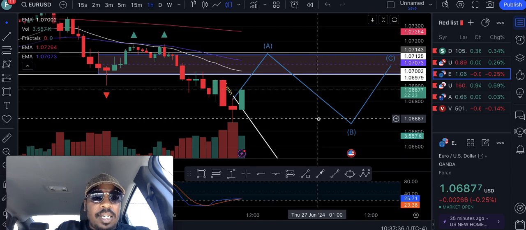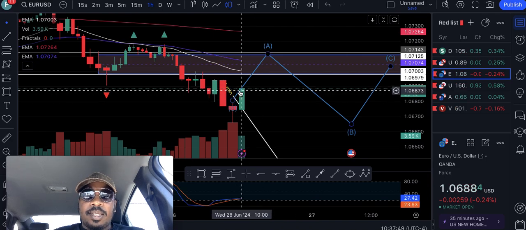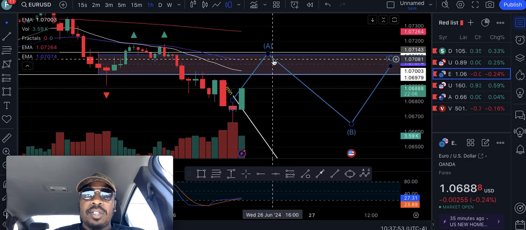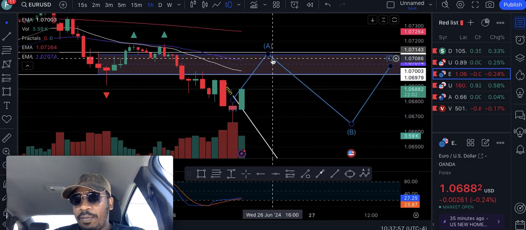So the dollar is dropping, and when the dollar is dropping, this pair that I'm on right now is going up. So if the dollar itself continues to drop, this will go up, probably hit my target, and then the dollar might start rising again, and this will start falling again. So that's what I'm looking for.